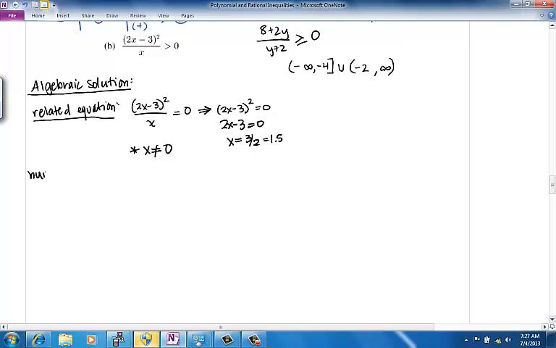So switching to our number line, the values we want to include are 0 and 1.5. So we've got 3 intervals, A, B, and C. Again, I would put some indication on my number line that 0 can't be included no matter what.